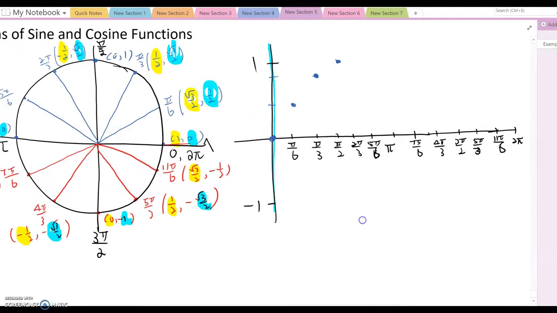And now 2 pi over 3, so root 3 over 2 again. 5 pi over 6, 1 over 2.